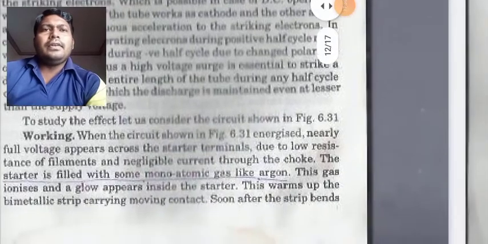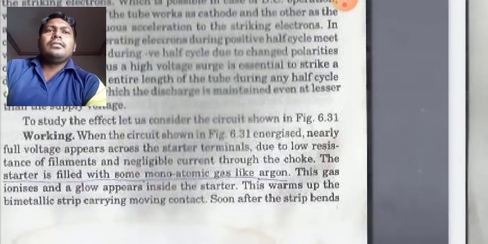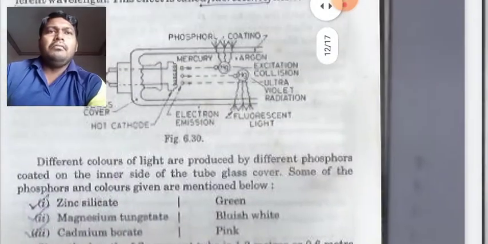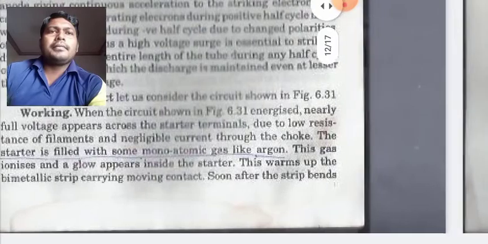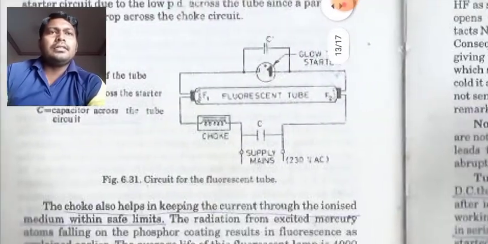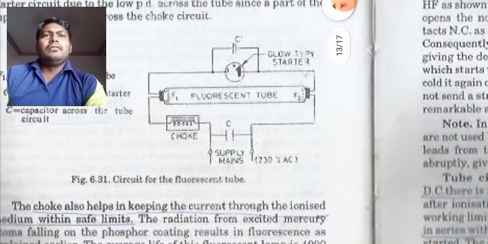To study the effect, let us consider the diagram as shown, and the working is as below. The circuit is energized. Which circuit? This is the circuit. This is the typical diagram of a fluorescent tube.